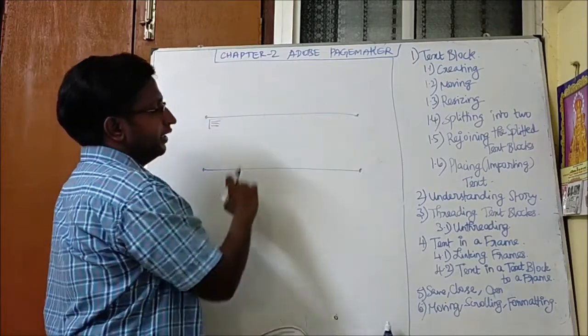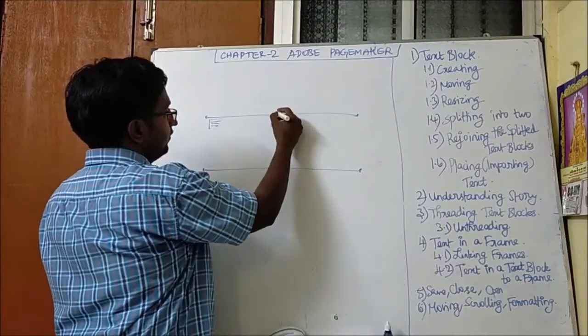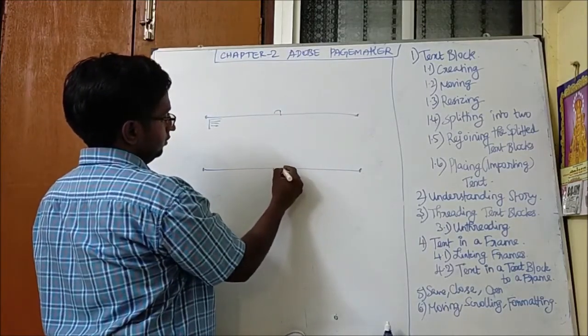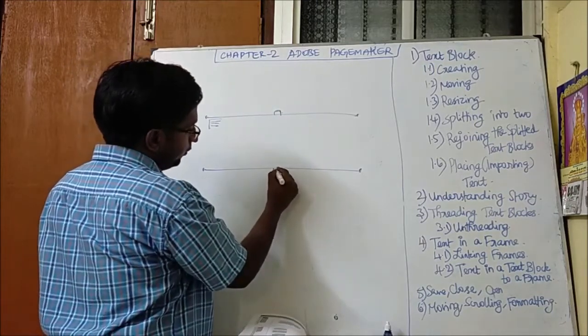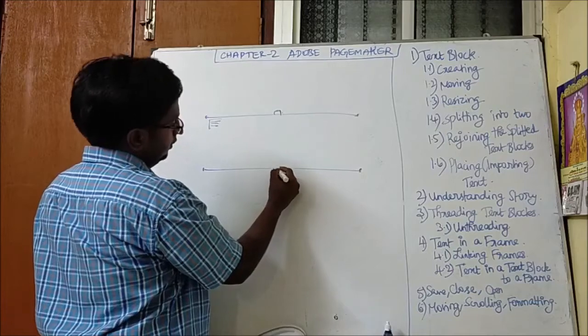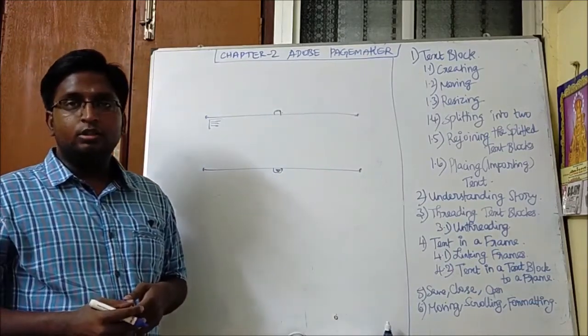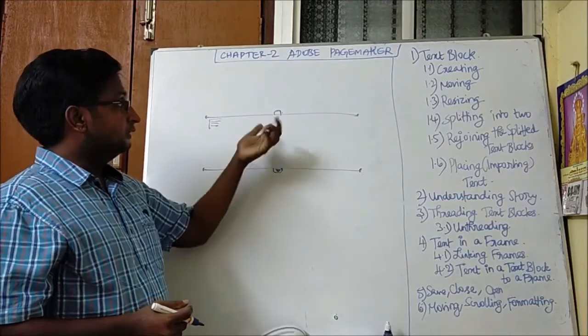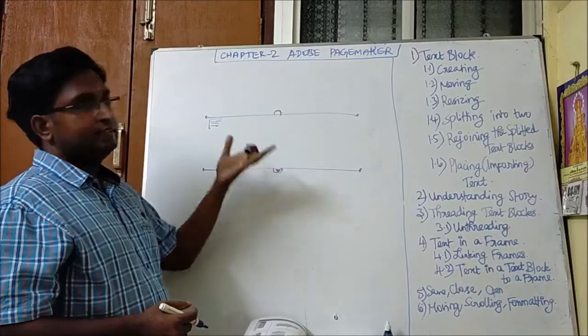A text block will be created with the loaded text, and you will have the handle, and you will be able to see a downward red triangle, which means there is more text than the text block can hold.